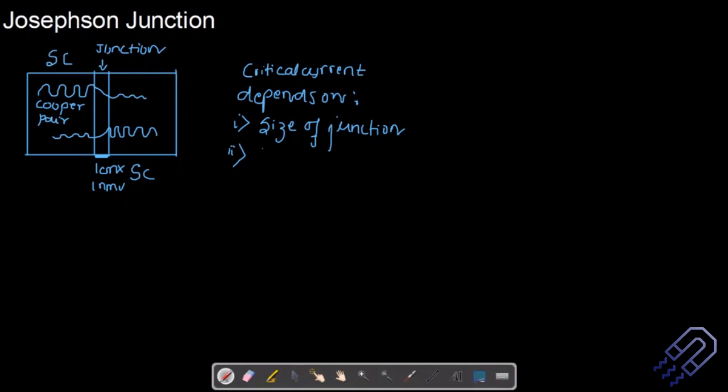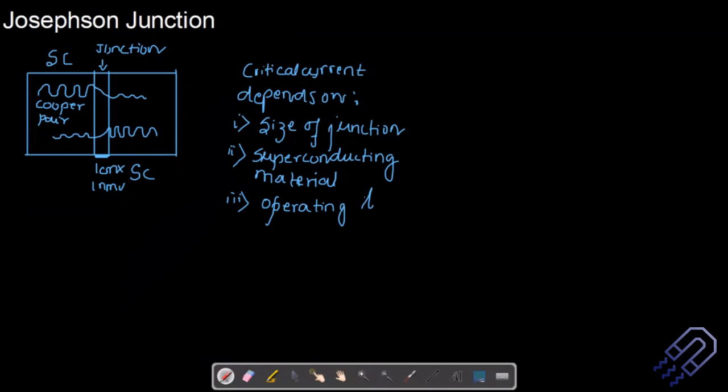Number two, what is the superconducting material? What kind of material are we using? And finally, it also depends on the operating temperature. Superconductors can only work in a certain temperature range.